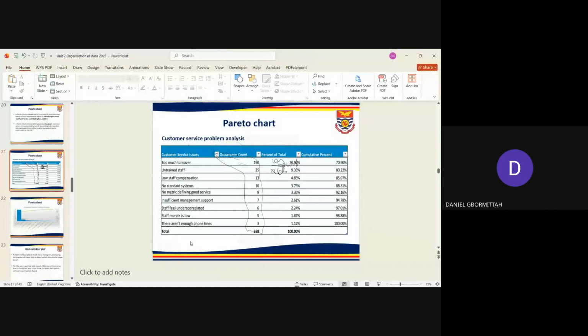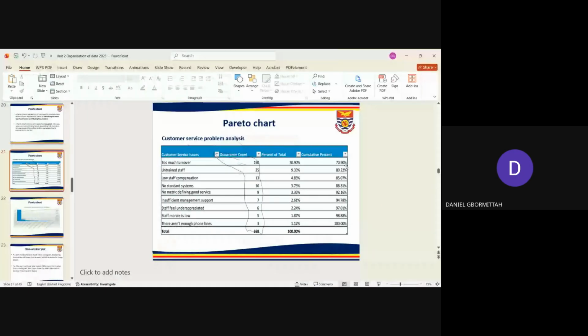You do that for all the various categories. You convert their frequency counts to percentages, and when you finish, sum them and see if you get 100. Then you move on to the cumulative percentage, which works just like the cumulative frequency that we did. For the first one, you don't add anything because it's the first.